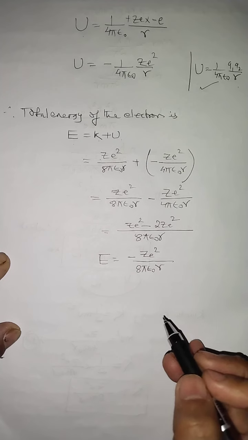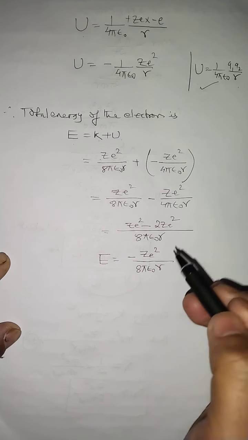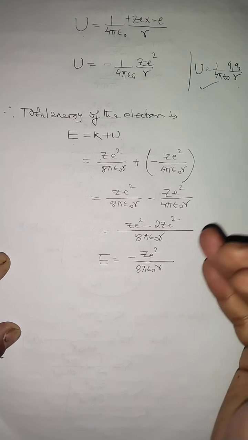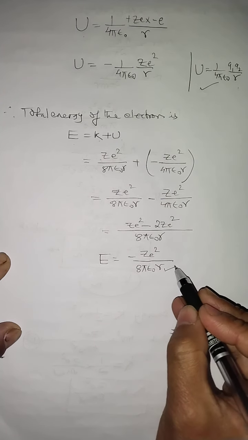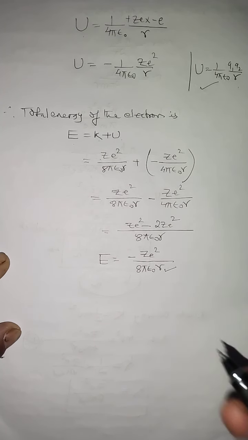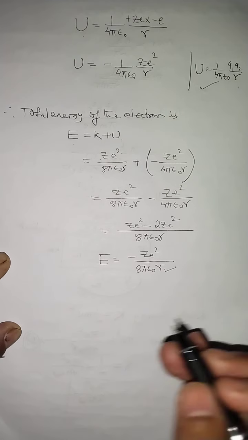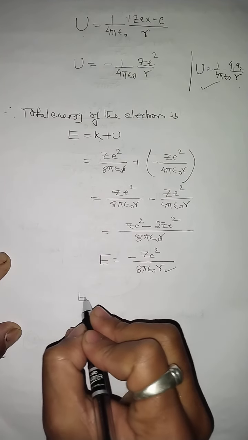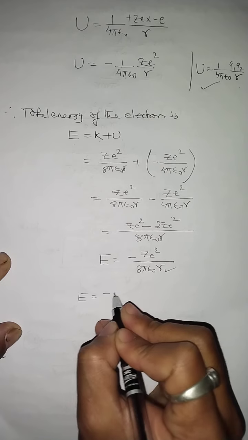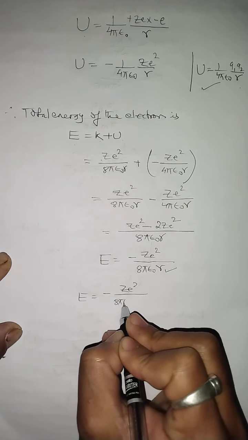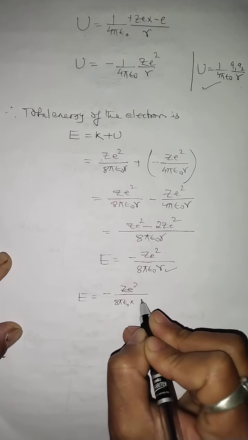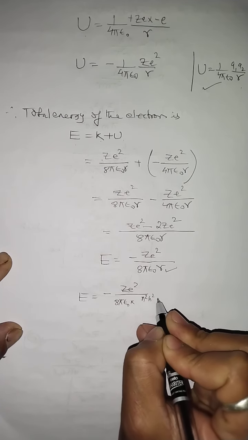But children, the same expression of energy we can now write even in terms of the number of orbits. So for that I eliminate this R. R is the radius of the electron in any of the orbits, so let me replace it in terms of n. So minus Z E square by 8 pi epsilon naught, and now you know R means n square h square epsilon naught by pi m Z E square.